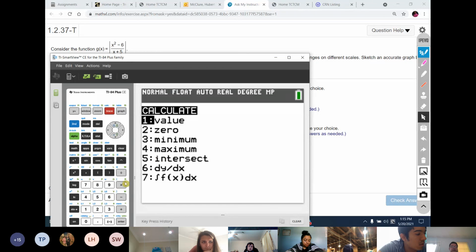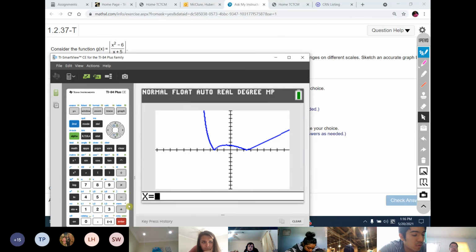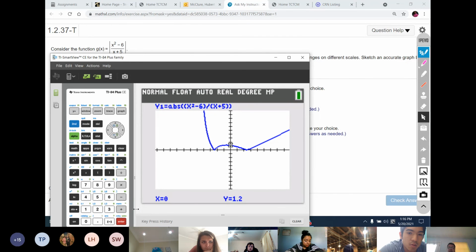I don't know if it'll do the 0 or not. Maybe the value. Let's see. No, x is equal to 0. There we go. 1.2. So that's your y-intercept. So do y'all see that this is a calculator question?